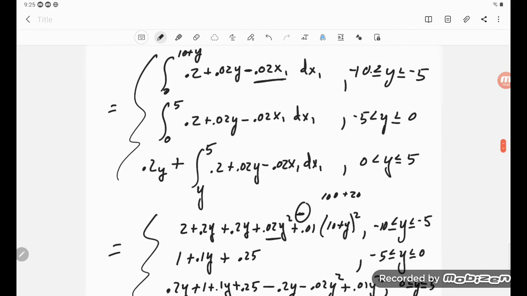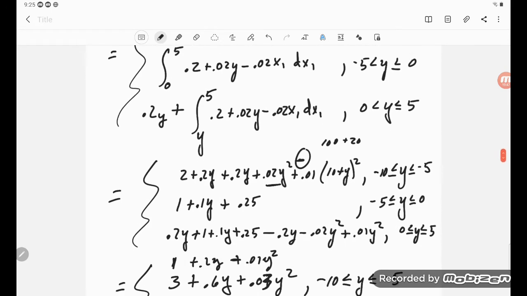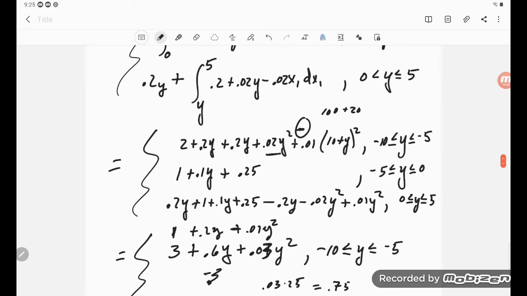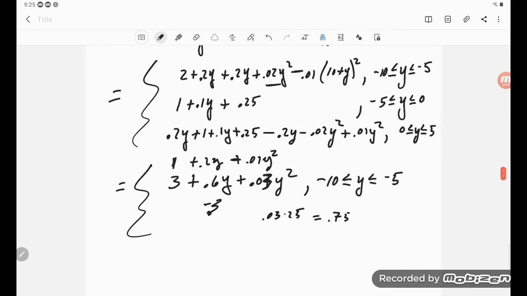So back here, that was minus 0.02x1. You all didn't yell loud enough. This should have been a minus. And then if that's a minus, then when I put all this stuff together, I no longer get that.